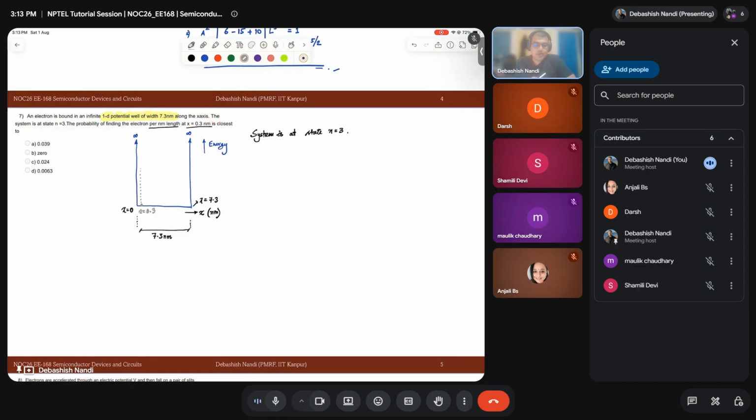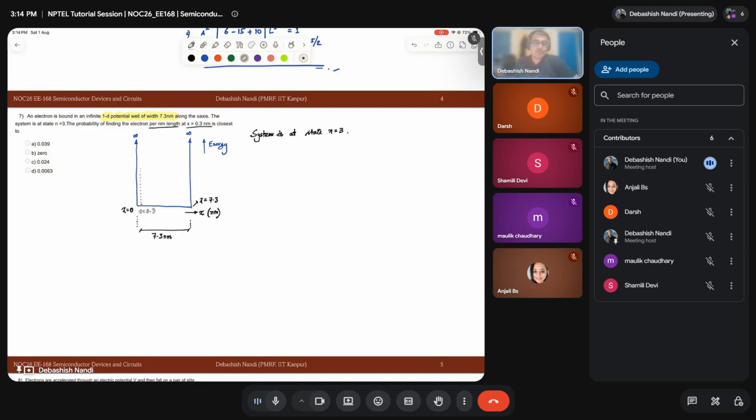What does that mean? We have seen that inside a 1D infinite potential well, the electron can occupy certain specific energy levels, right? This was the last problem of the previous week, that my wave number becomes quantized, and that leads to my k becoming quantized, and that leads to my energy becoming quantized.